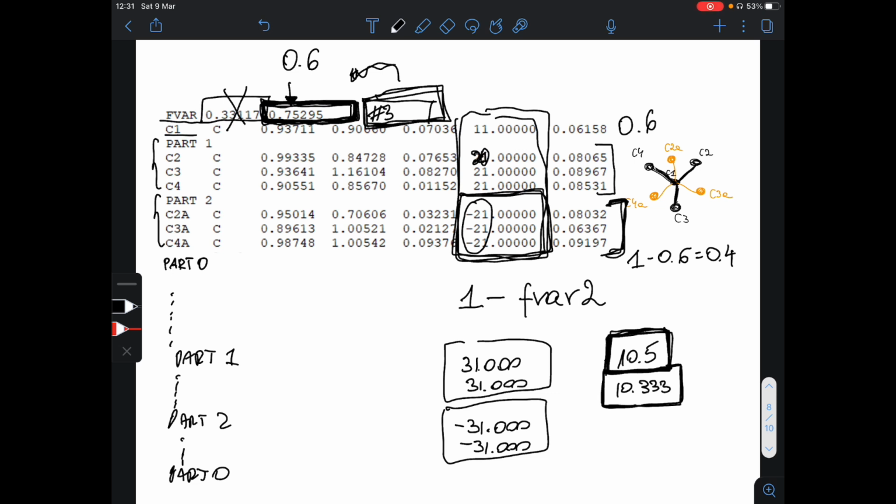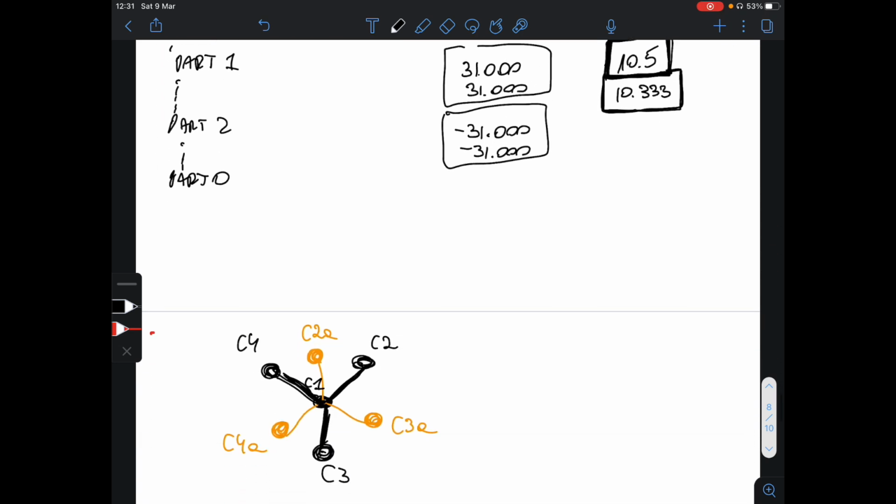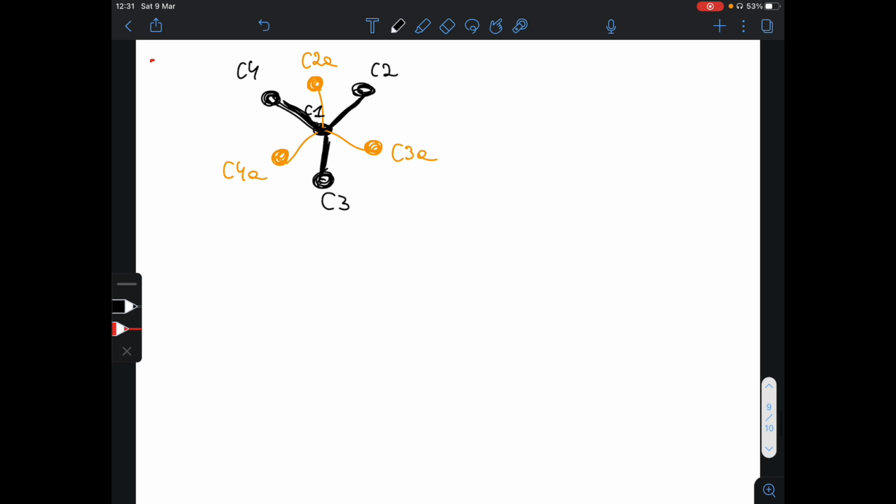Okay, now we know how to create an ins file, more or less, how to deal with order of the atoms, how to introduce these parts and free variables. Now let's talk about restraints. It is recommended that whenever we deal with disorder, we introduce restraints to help the model converge, to not allow it to explode.